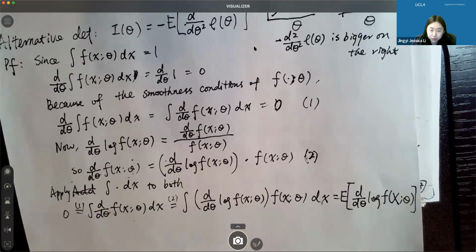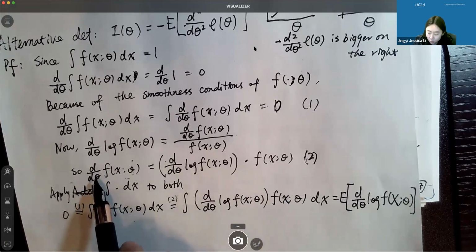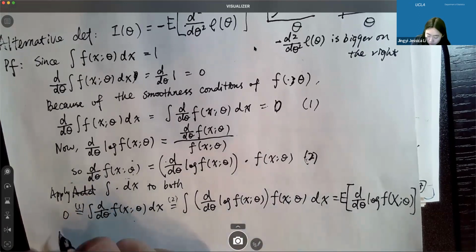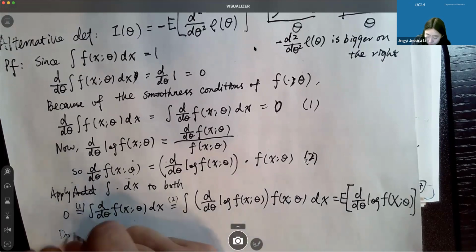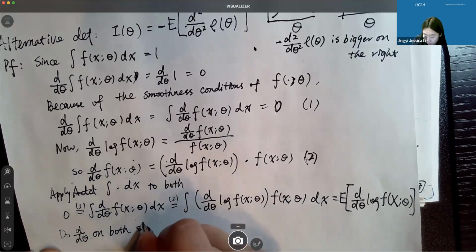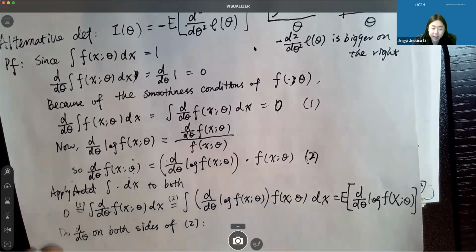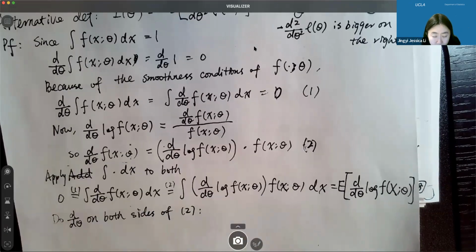So now let's do differentiation again for number 2. Let's do differentiation against theta one more time, so do d theta on both sides of 2. Okay, so if we do that, let's see what we get.